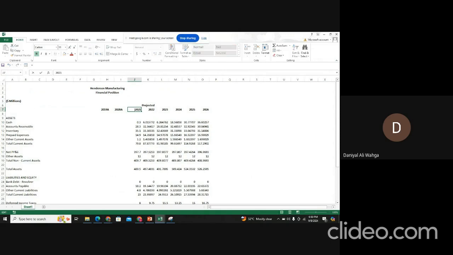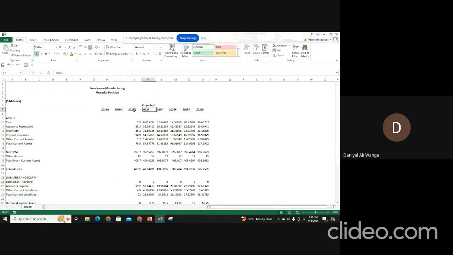2021 is projected, and it's a forecasted result. Similar way it moves forward to 2022, and it is forecasted, or you can say projected. 2025 forecasted, similar way 2026 forecasted.